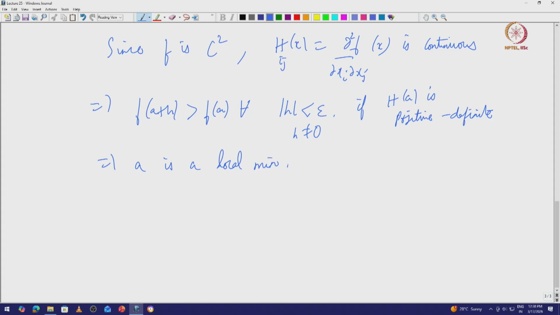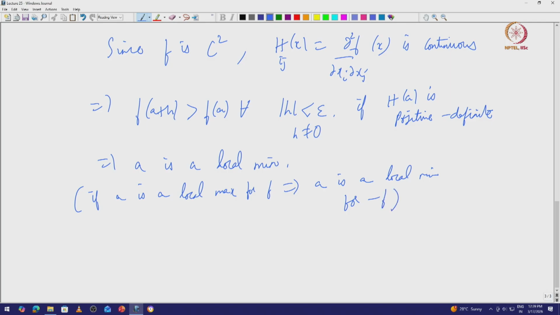The same reasoning holds if A is a local maximum. How does it hold? Well, if A is a local max for f, then A is a local min for minus f.